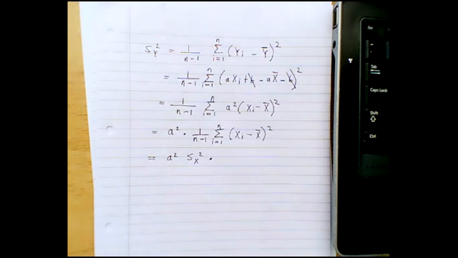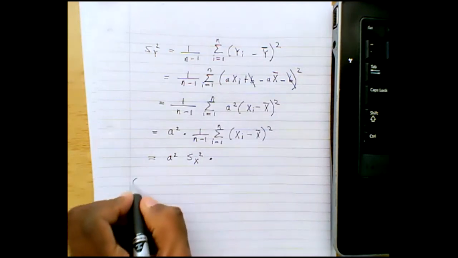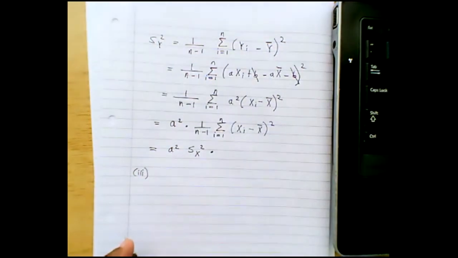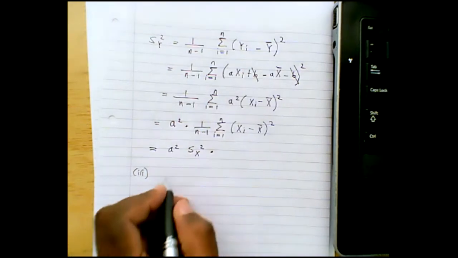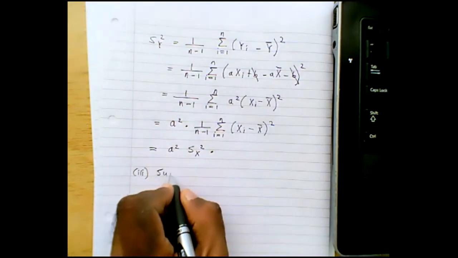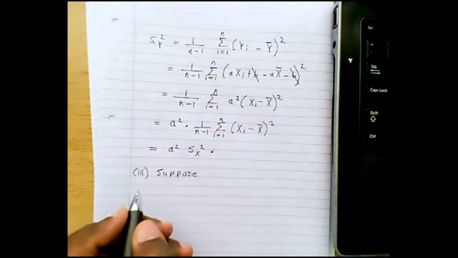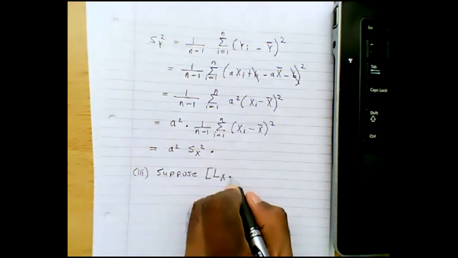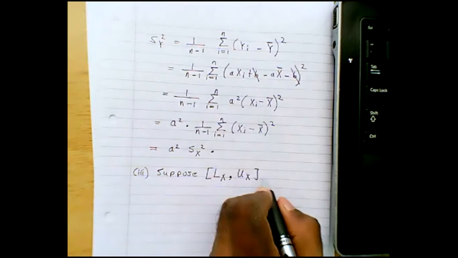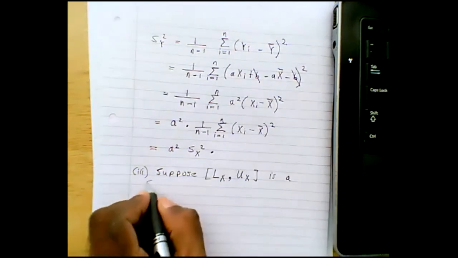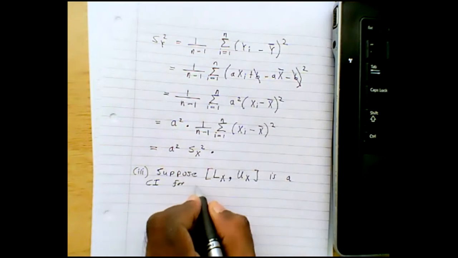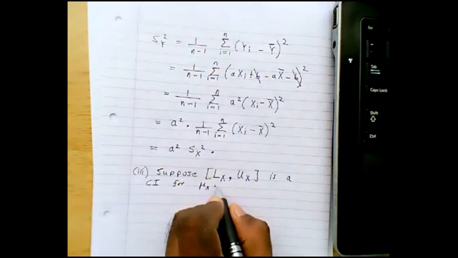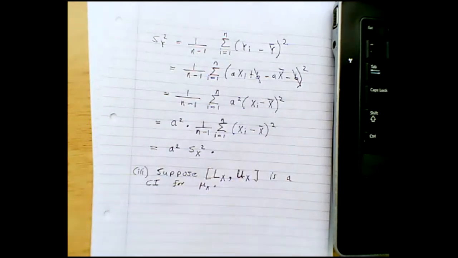The next part, part 3 of question 7, is asking you about the confidence interval. What you're given in part 3 is the following. Suppose this is u, not to be confused with mu.